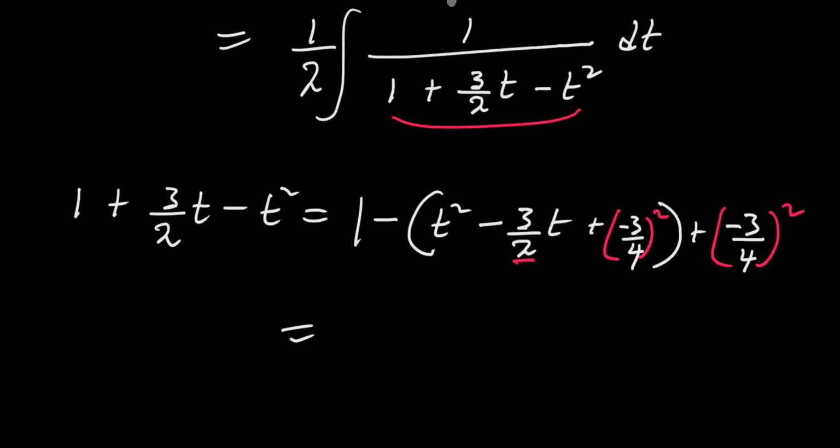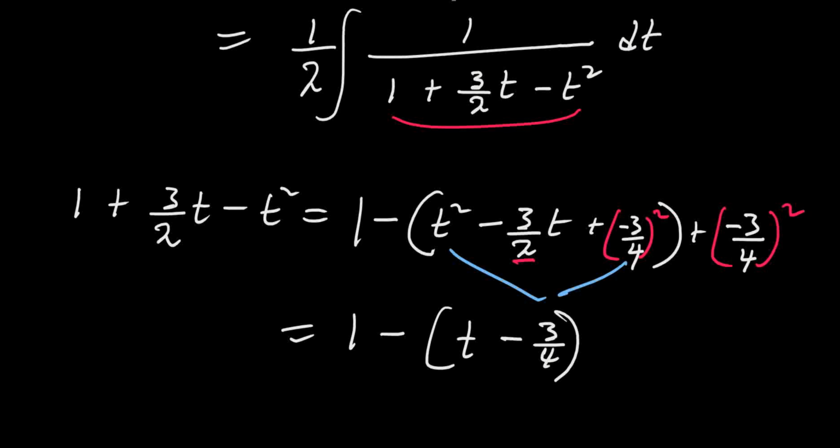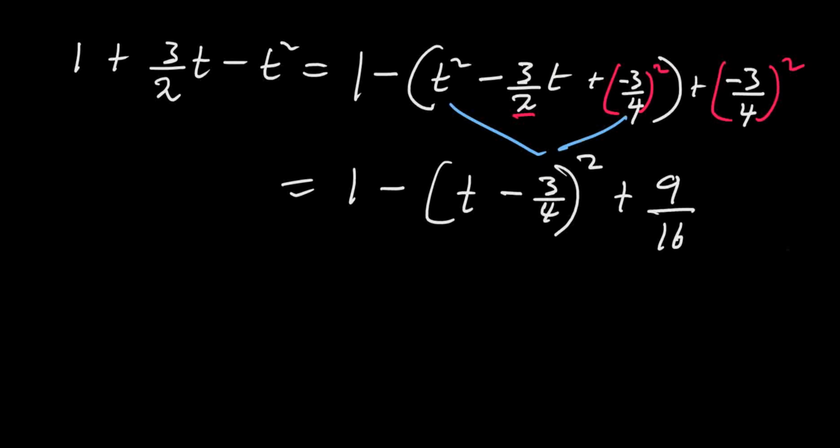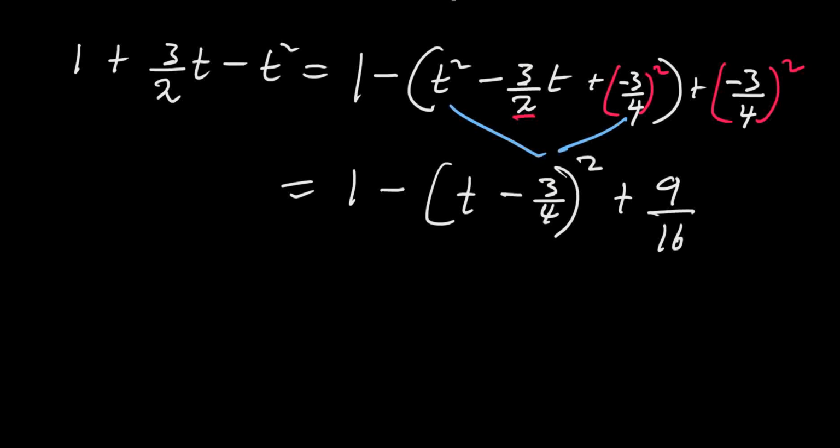So this will be equal to 1 minus. Now we can connect this and this together, and this will become t minus 3 over 4 in parentheses squared plus negative 3 squared will become 9, and 4 squared will become 16. So now let's combine 1 and 9 over 16.